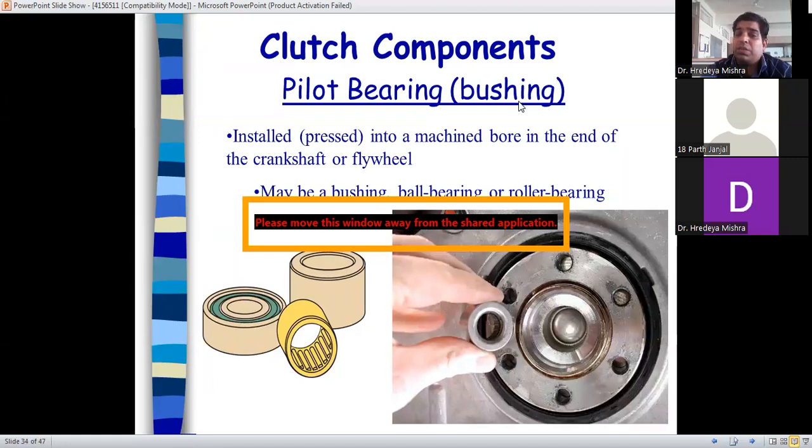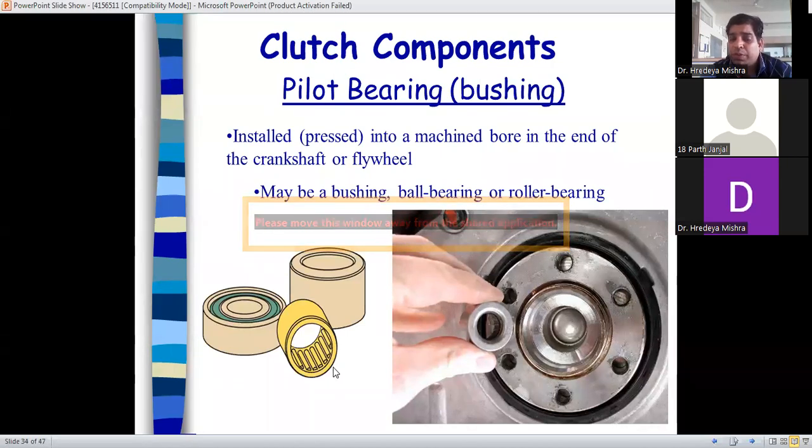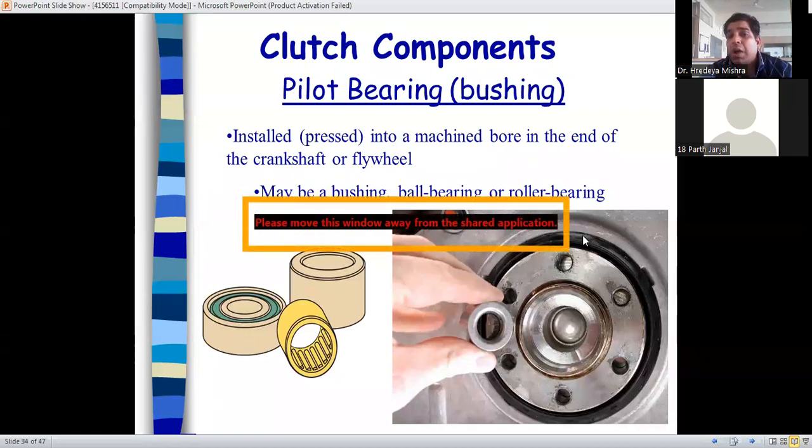Okay, now clutch components. What is the clutch component here? Installation, pivot bearing. See, this is the pivot bearing. What happened? A cylinder type bearing is there. See, the cylindrical type bearing is there, installed into a machine bore.